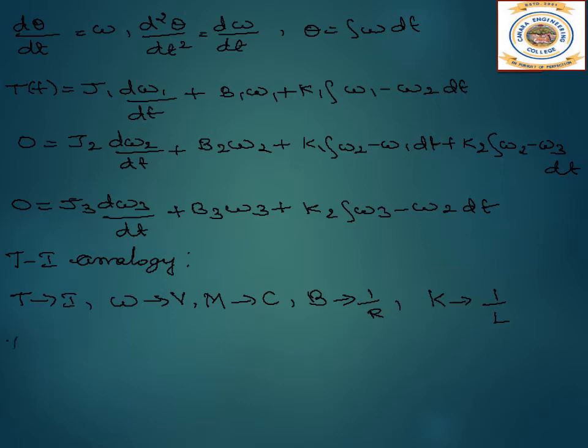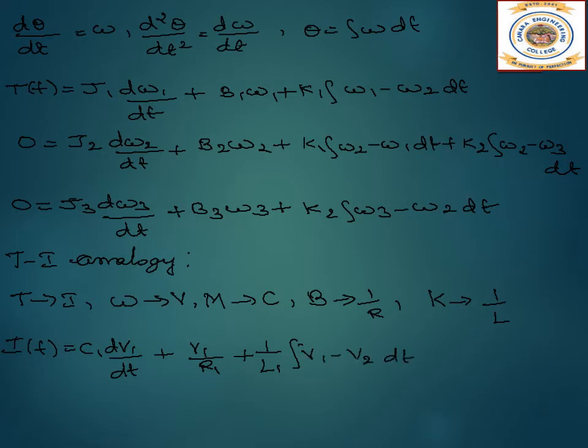So T of t will be I of t equal to C1 dV1 by dt plus V1 by R1 plus 1 by L1 integral V1 minus V2 dt.